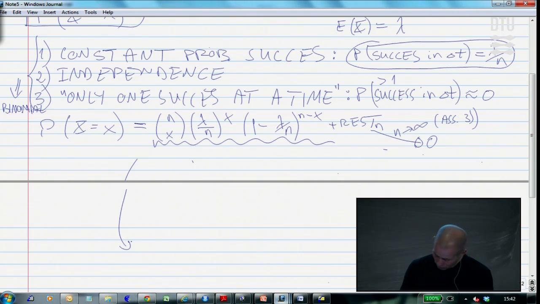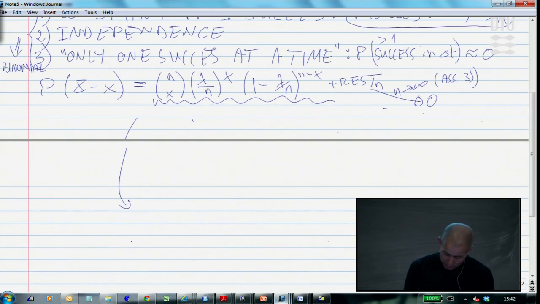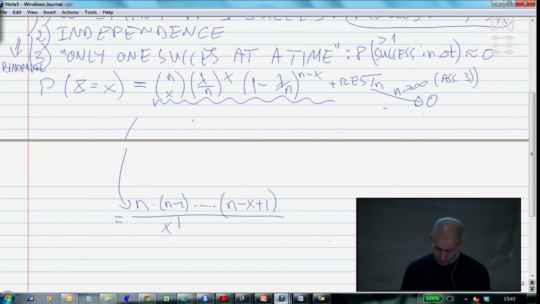Here we go. We rewrite the binomial coefficient as follows: n times n minus 1 down to n minus x plus 1. Since we have cancelled out part of it, we still have the x faculty, but I have cancelled out the n minus x faculty. I've removed the remaining terms from the binomial coefficient.